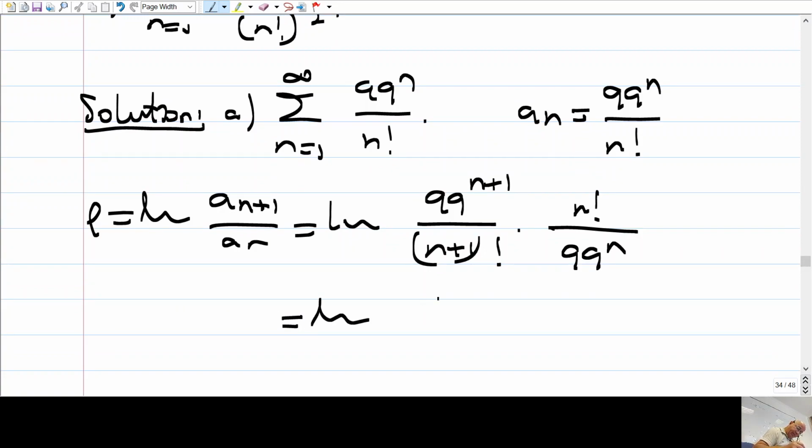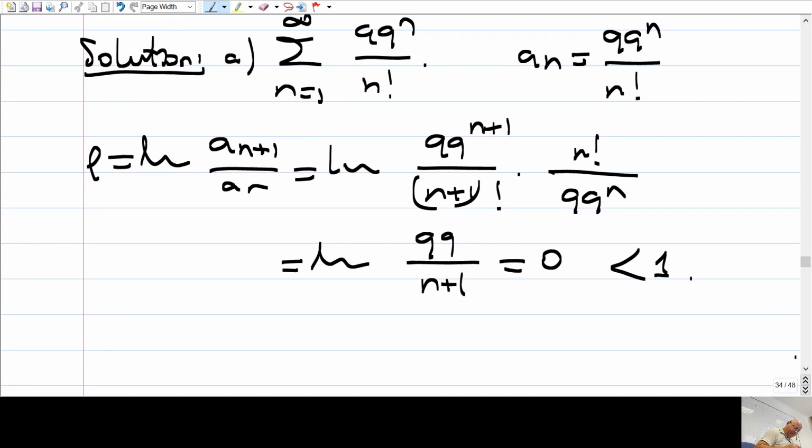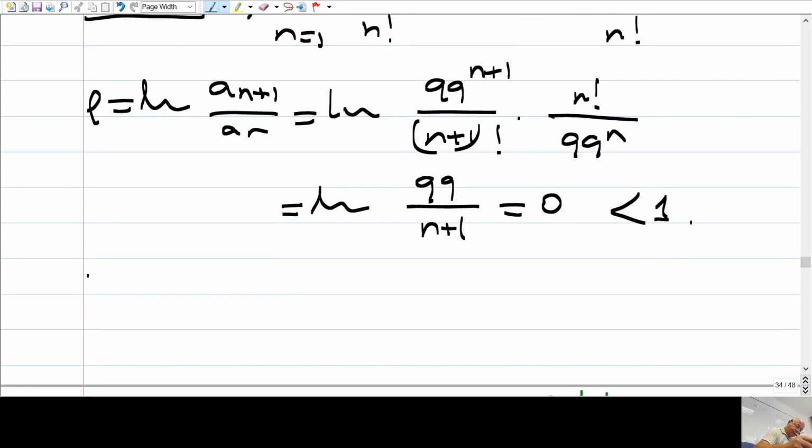This is the limit of 99 over n plus 1, since n factorial cancels with the first n terms of (n+1) factorial. What is left is just n plus 1, and this limit is 0, which is less than 1. So the limit exists and is less than 1.